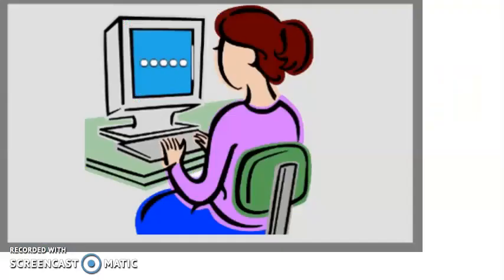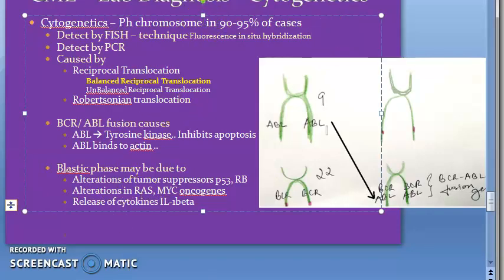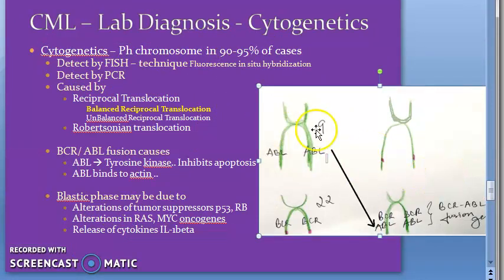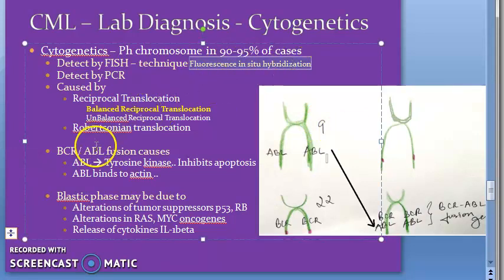How much went into your head and how much went over your head? Something went inside. So basically these are cytogenetics, more like pathogenesis. Philadelphia chromosome because of balanced reciprocal translocation, which can be detected by FISH, PCR. FISH is nothing but fluorescence in situ hybridization.